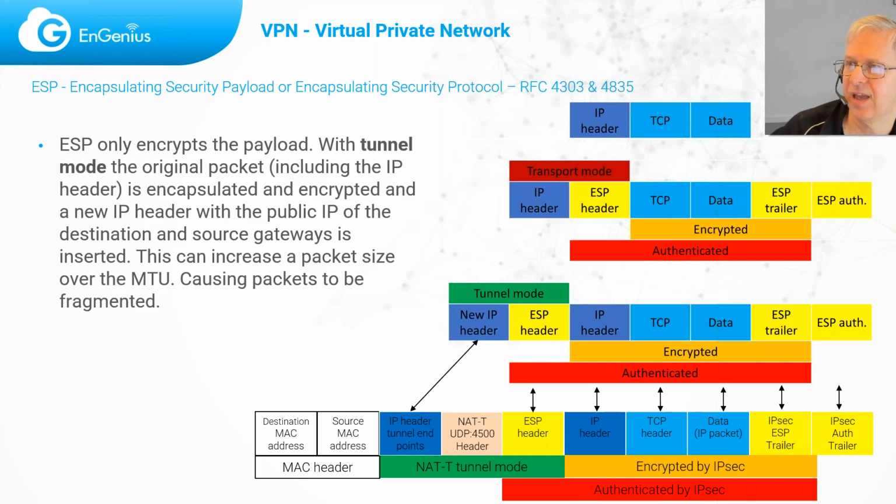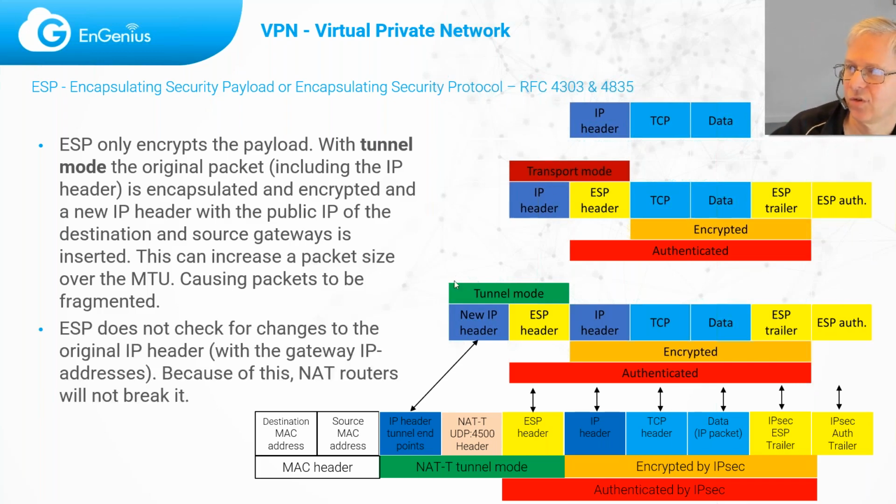But in this case, if you put it through a NAT, you will break it, because it will go wrong here too. So you need to use tunnel mode, and then you have your original IP header and your new IP header, and your new IP header will just contain the IP addresses of your two gateways, so your two endpoints.